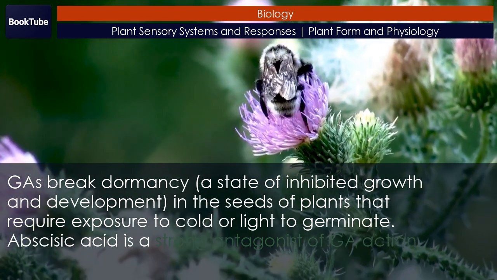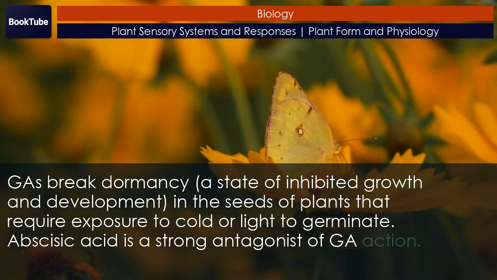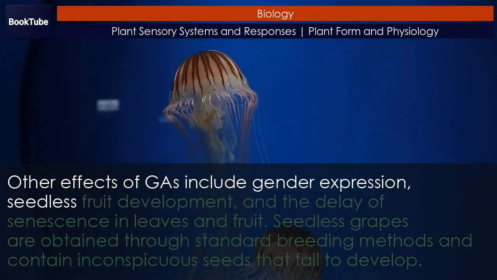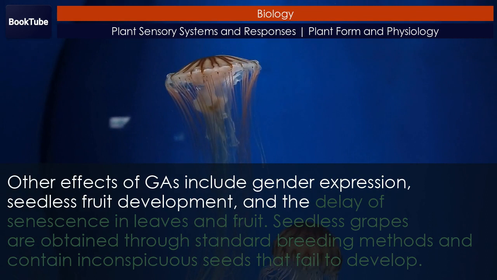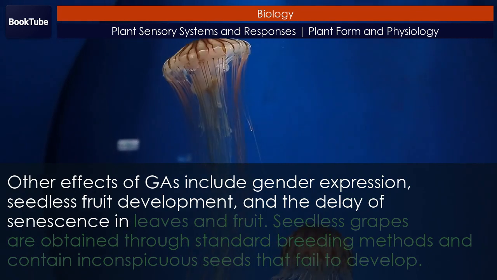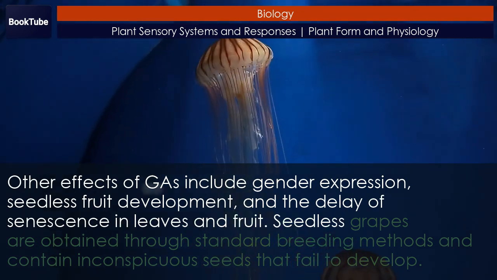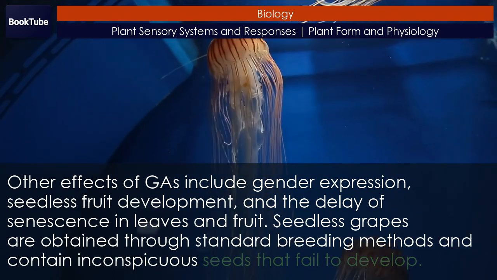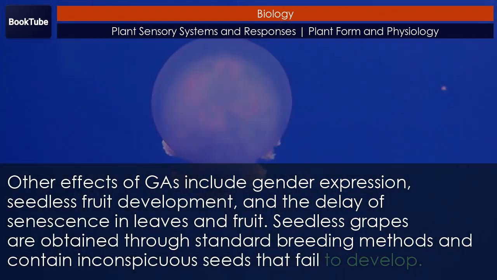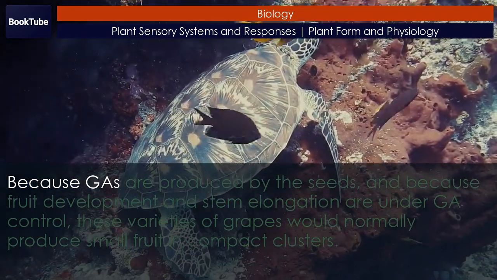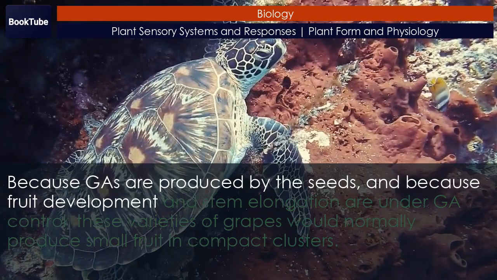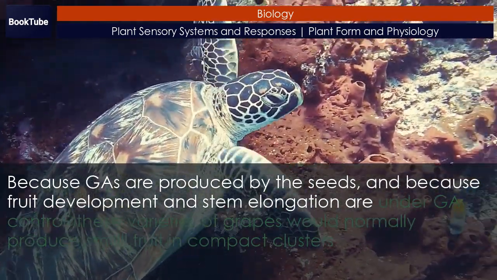Abscisic acid is a strong antagonist of GA action. Other effects of GAs include gender expression, seedless fruit development, and the delay of senescence in leaves and fruit. Seedless grapes are obtained through standard breeding methods and contain inconspicuous seeds that fail to develop, because GAs are produced by the seeds, and because fruit development and stem elongation are under GA control.